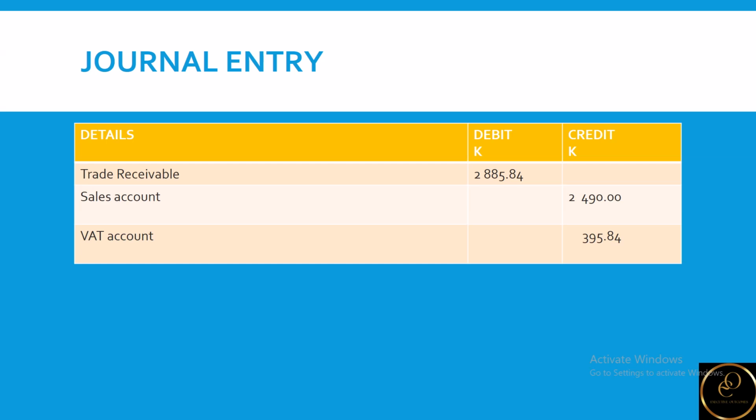So sales account is credited with 2,490. And what is due to the revenue authority, in this case shown as a liability, it will be credited to the VAT account, which is going to be 395 kwacha 84 ngwe. These two make up the 2,885 kwacha 84 ngwe. That is the journal entry.